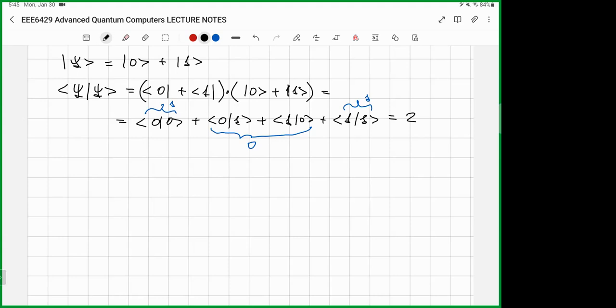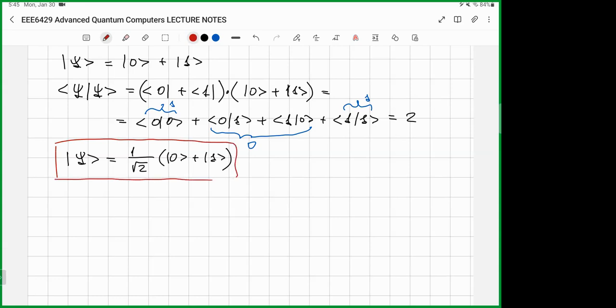So I have to normalize this vector, and the way I do that is I simply multiply this psi vector by 1 over the square root of 2. So this is a simple superposition of two basis vectors.